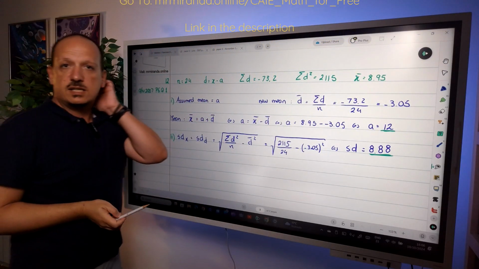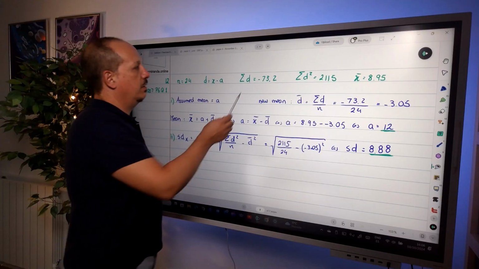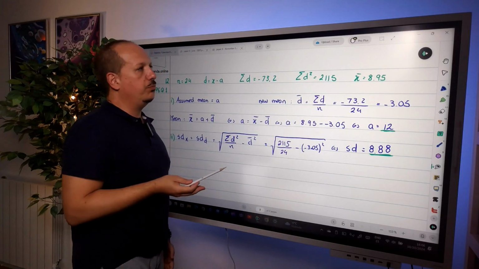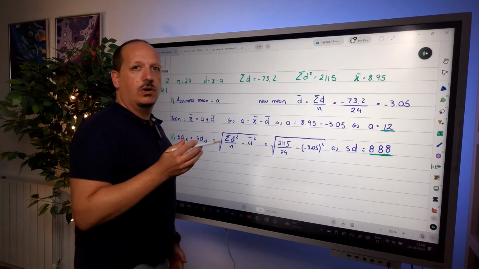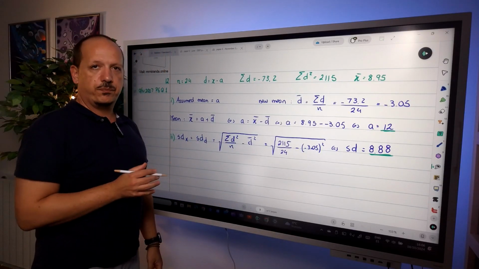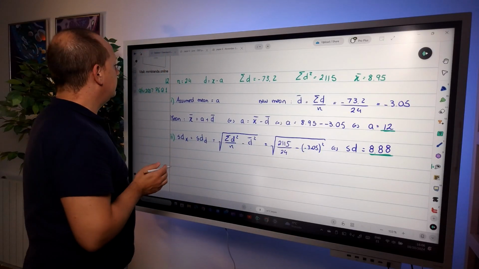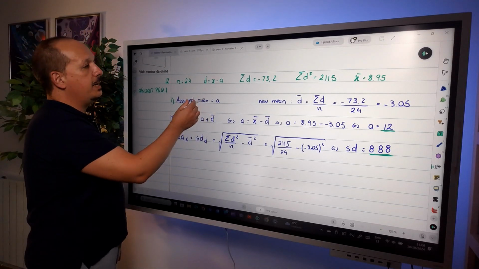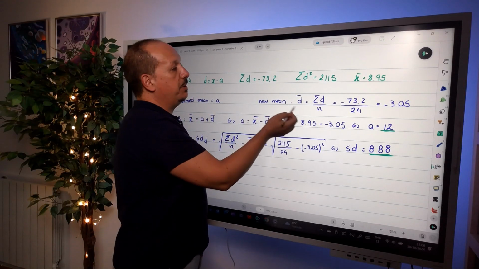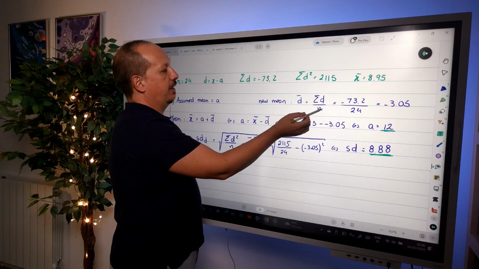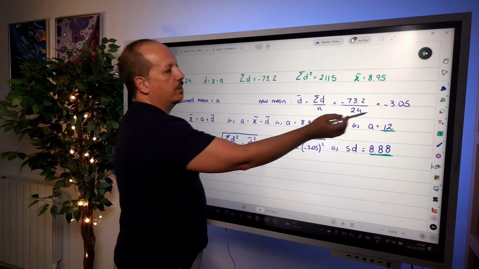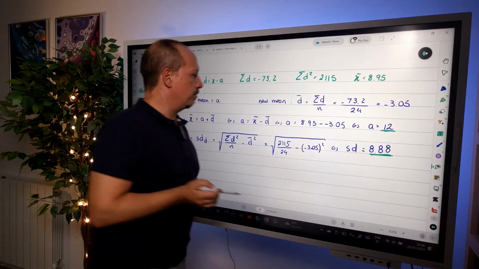Here it is. Again, I put this as the sum of d and this as the sum of the d squared because it resembles more the formulas for the assumed mean as I have written down on my own version of the Math 19. So the assumed mean is a. The mean of the deviations is this divided by n, which is 24. So I have minus 3.05.